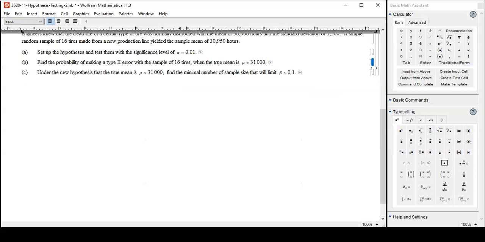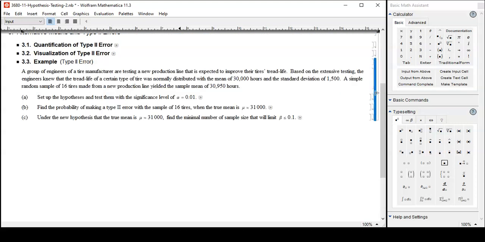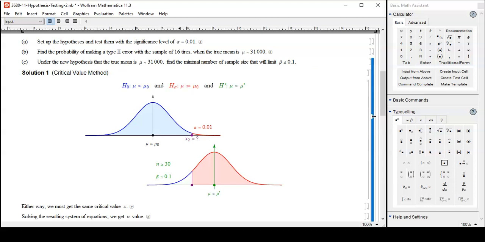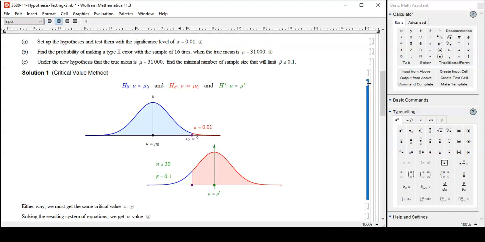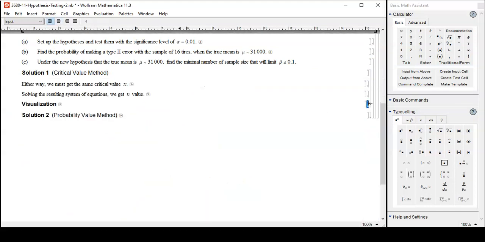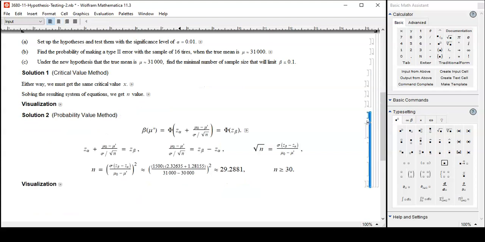Now what about the third problem? So set up this normal CDF equal to the normal CDF from beta, the second graph.